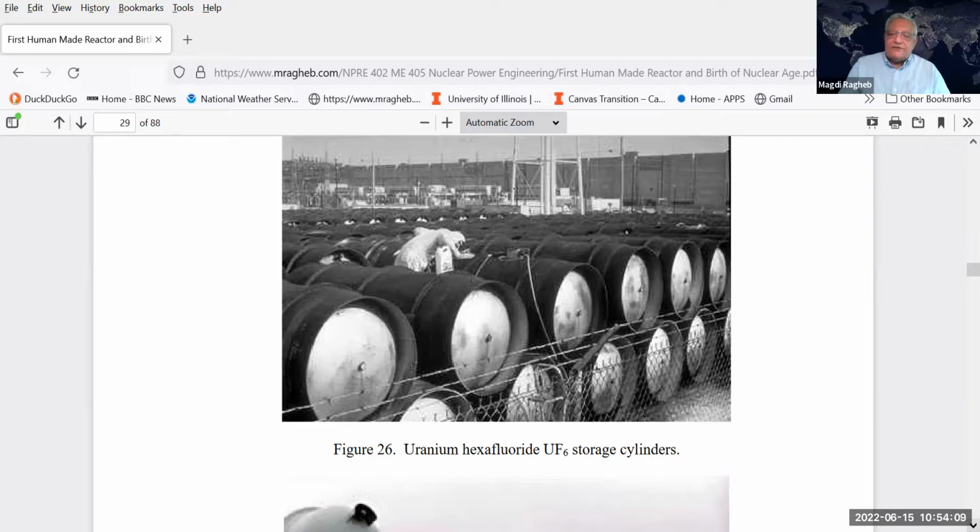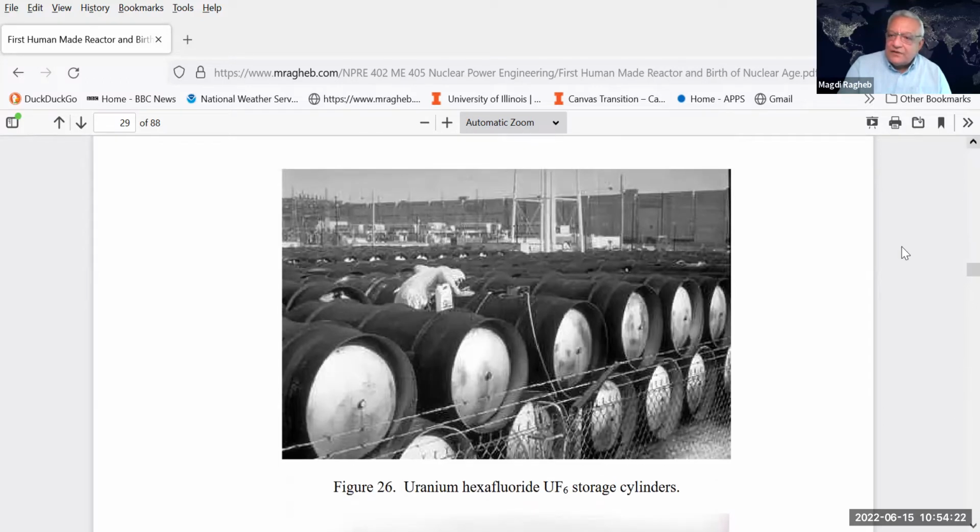What is left from the process is what we call depleted uranium. And later on, we'll see that depleted uranium had another use and still is continuing to have a use in armaments in general, both as an anti-tank weapon as well as a shielding against other weapon attacks.